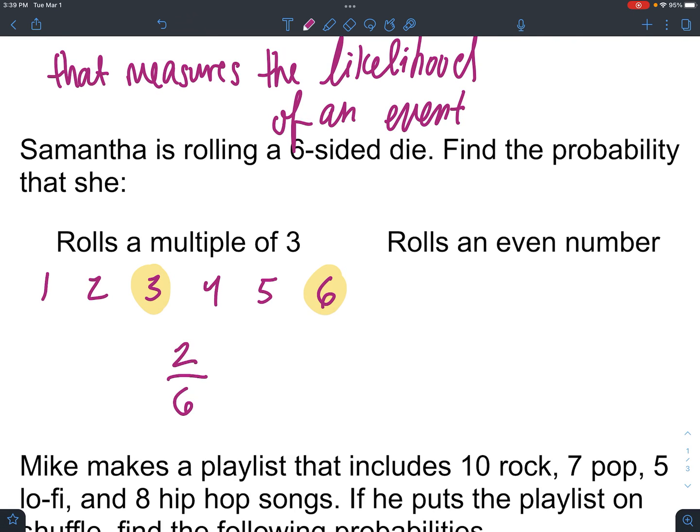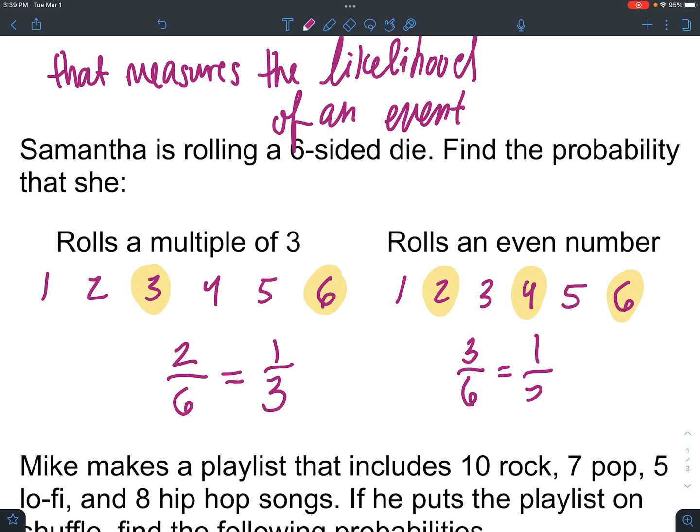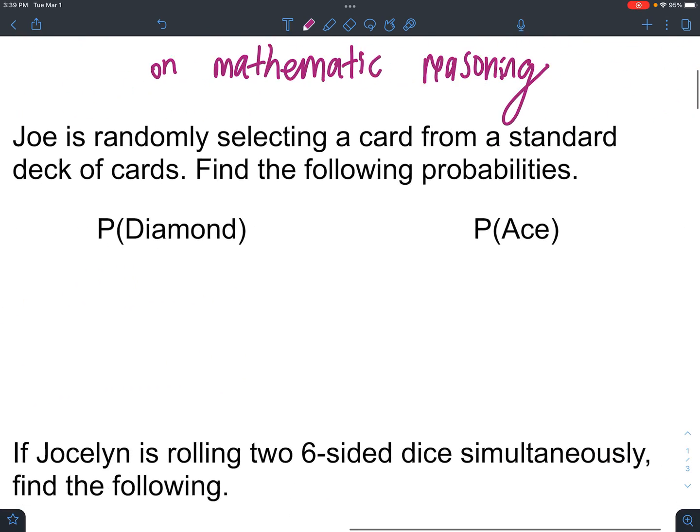In this case, 2 out of the 6 are a success, which is also 1/3. So this is theoretical, since we are not actually rolling die and making tally marks. We're just writing out the outcomes and doing the math. So an even number would be 3 out of the 6, which is 1/2. So 50% chance when you roll a die, you get an even number.